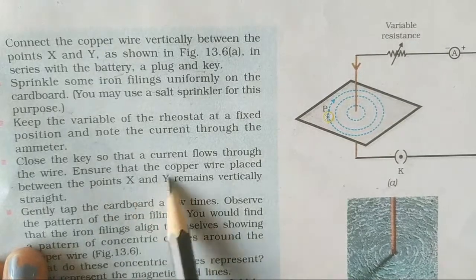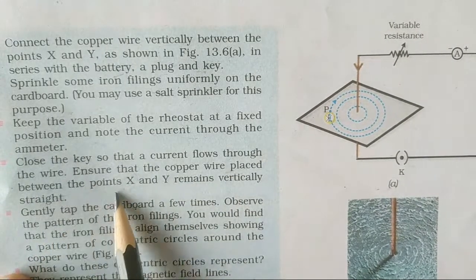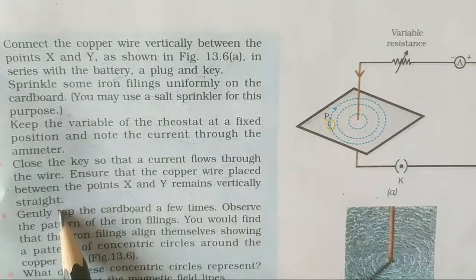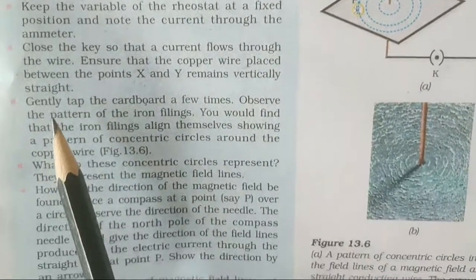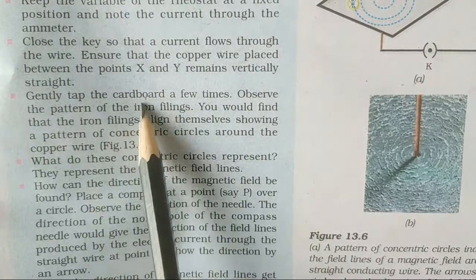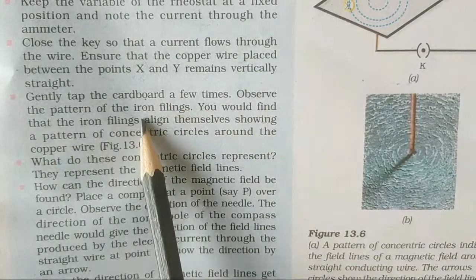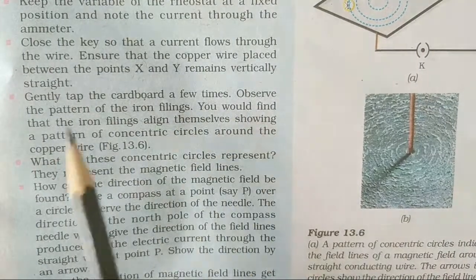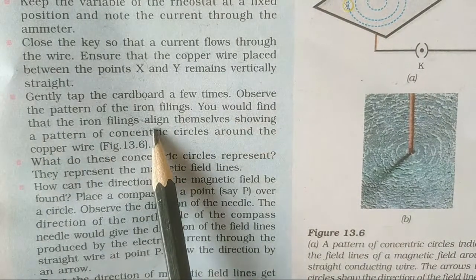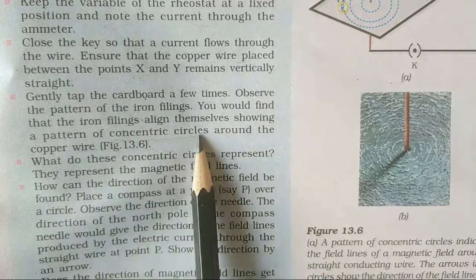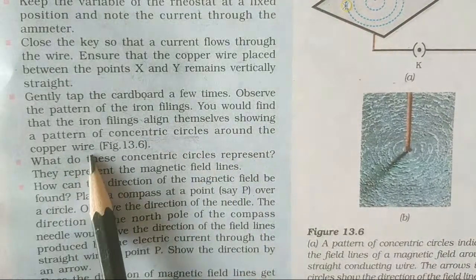Ensure that the copper wire placed between the points X and Y remains vertically straight. Gently tap the cardboard a few times. Observe the pattern of iron filings. You would find that the iron filings align themselves, showing a pattern of concentric circles around the copper wire.